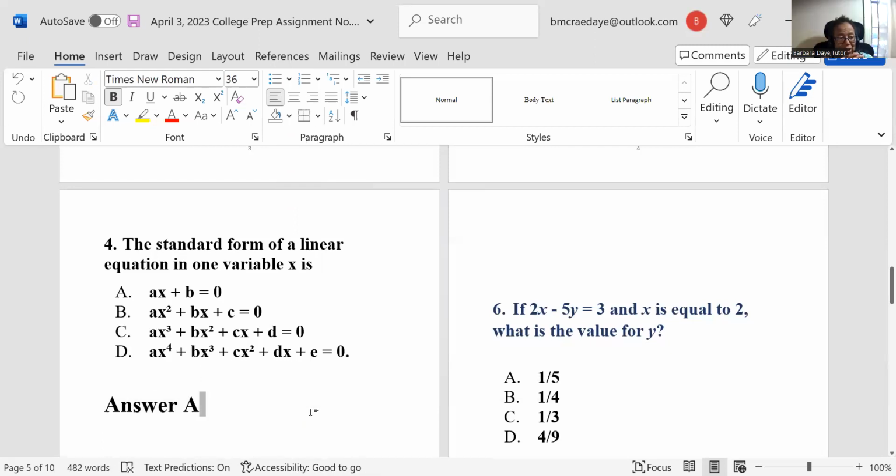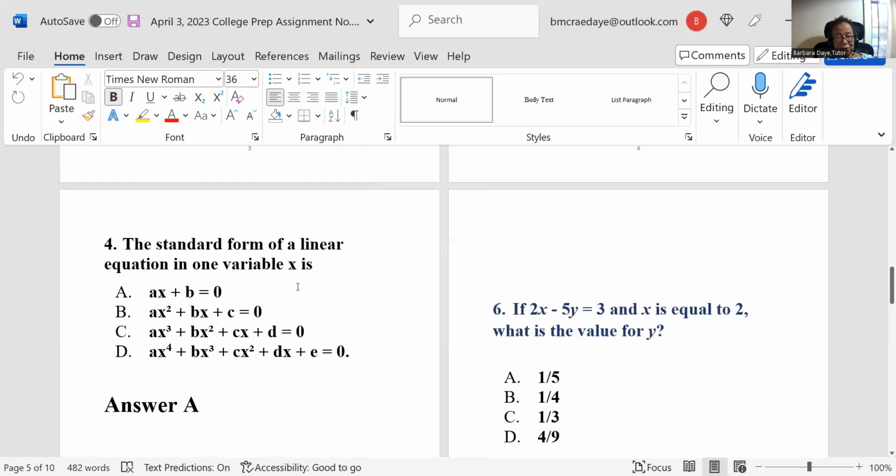Now later we'll look at some with the power of 2, because B is really the quadratic formula format. It has a power of 2. Any questions? Number 4. Your key here was linear equation, right? Linear power of 1 is the highest power on a linear equation.